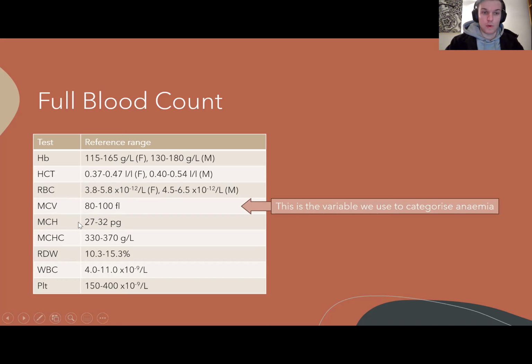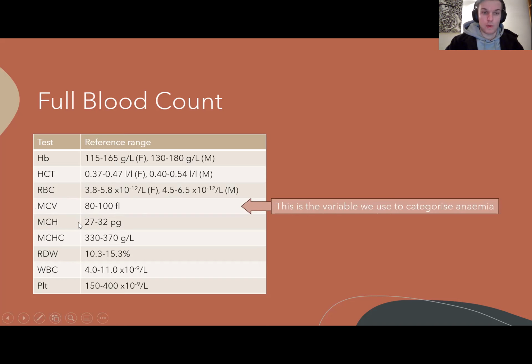And then finally, the last category is a macrocytic anemia. So this is for big red blood cells, and the acronym that we can use, BALD HAIR, is the one that I've come across. So you've got B12 and folate deficiency, which is a really, really common cause of a macrocytic anemia.